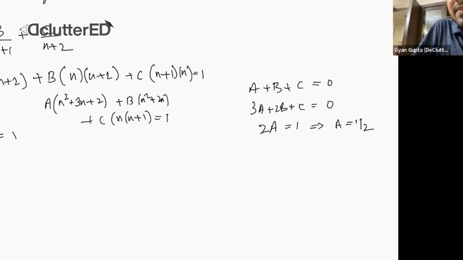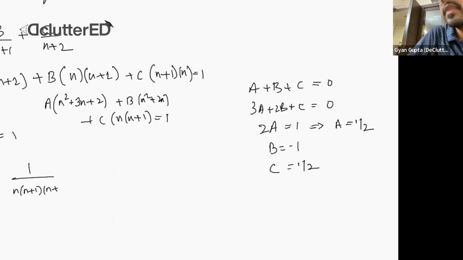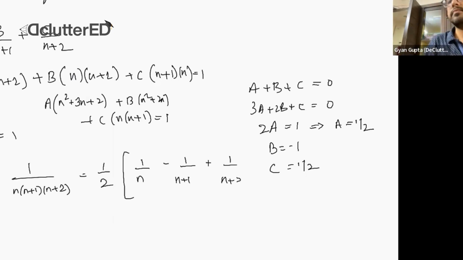So my given term 1 by n into n plus 1 into n plus 2 translates to, I will take the half common, into 1 by n minus 2 by n plus 1 plus 1 by n plus 2. All right.